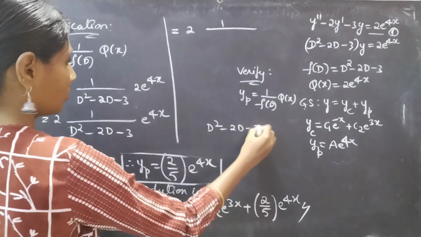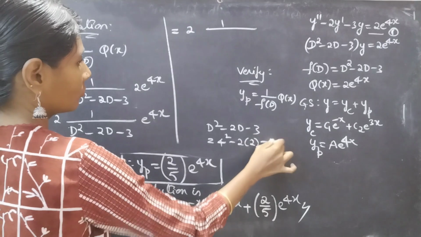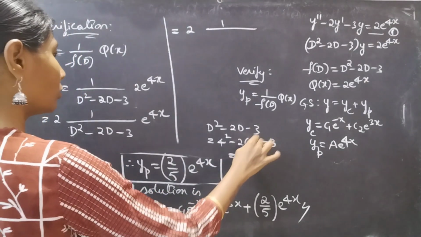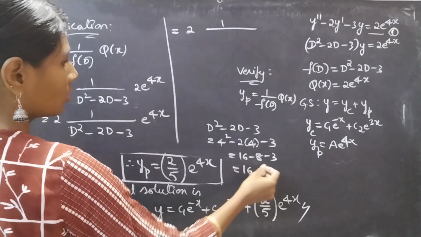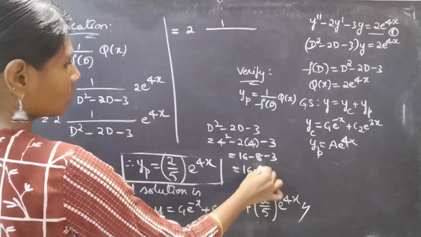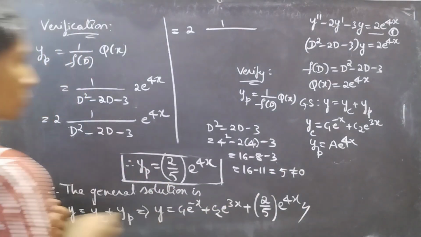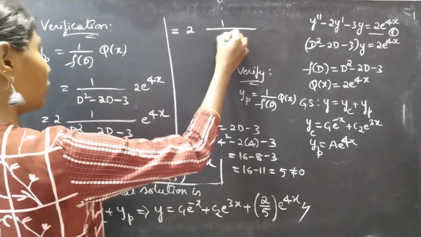See? 16, and 2 fours are 8, minus 3. 16 minus 8 minus 3 is 5, non-zero, right? So directly I'll write the value 5.